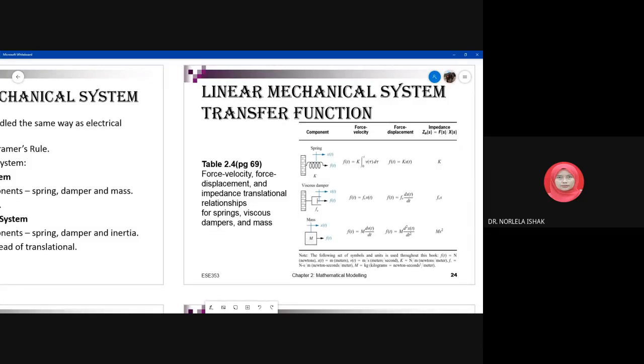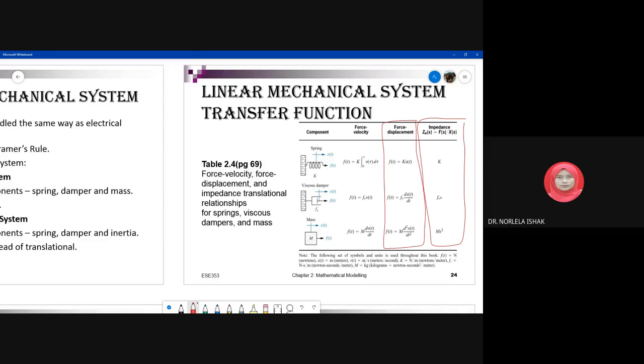From here we always use the relationship between force, displacement and the impedance.